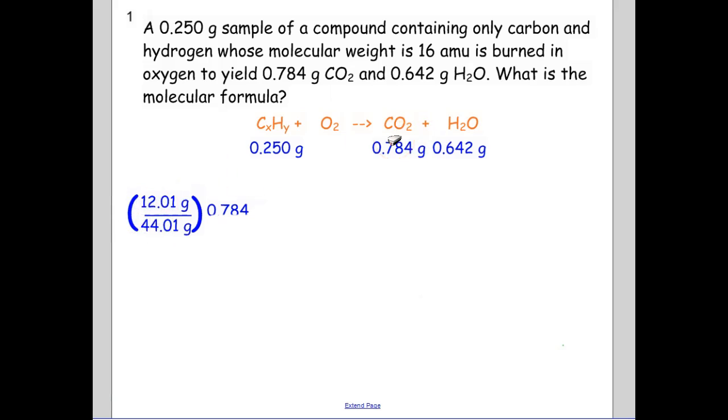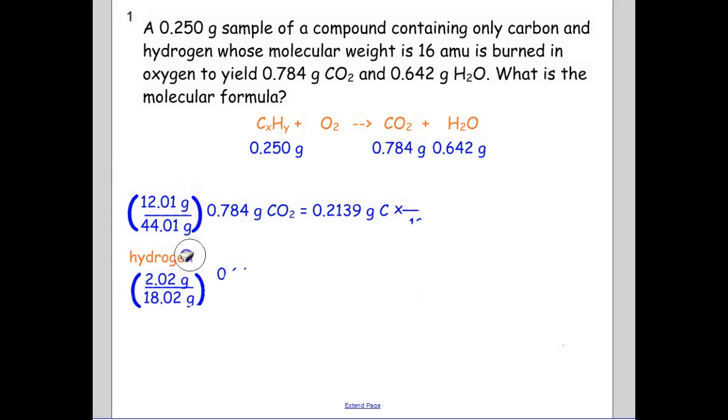There are 12.01 grams of carbon, 44.01 grams is the molar mass of carbon dioxide, and I multiply it by the mass of carbon dioxide to give me 0.2139 grams of carbon in my carbon dioxide, which must mean there's also 0.2139 grams of carbon in my original compound. I'll do the same with water.